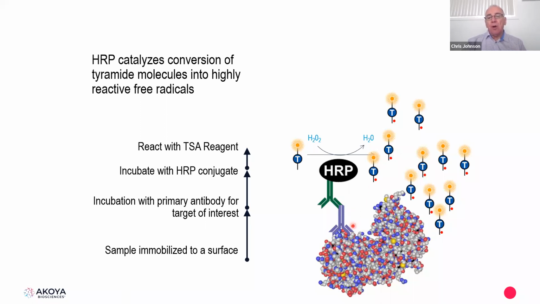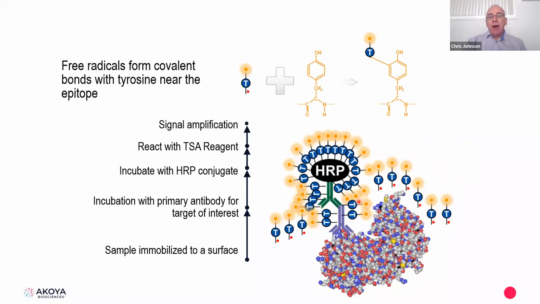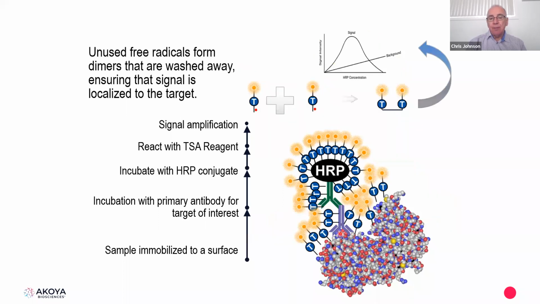They can only occur when they're very close to the reaction area of the horseradish peroxidase. So what it does then, it plates out around the primary and secondary, and of course around the horseradish peroxidase, but it will also bind particularly to tyrosine molecules that might exist in close proximity to where the primary antibody binds to the protein of interest.